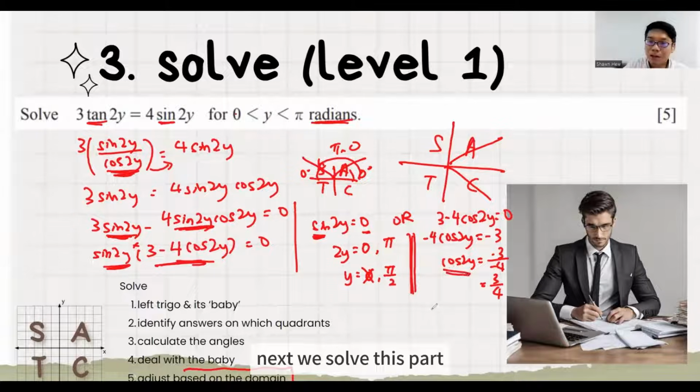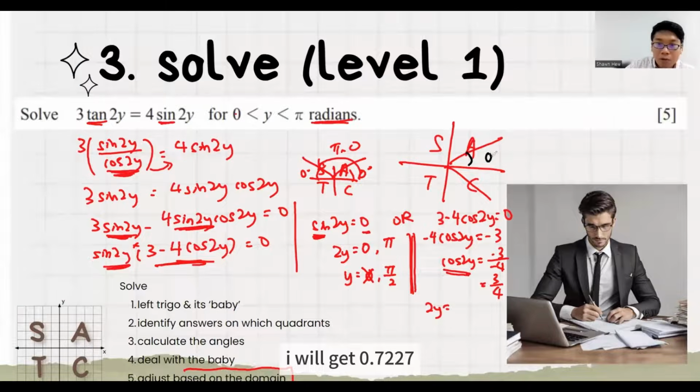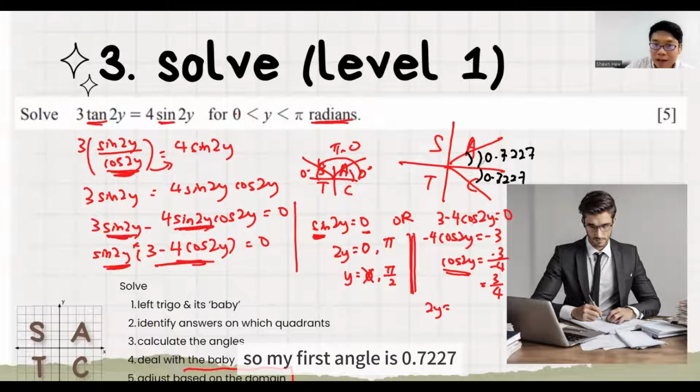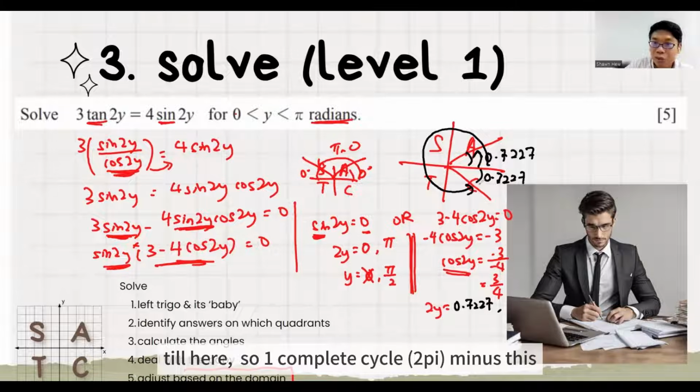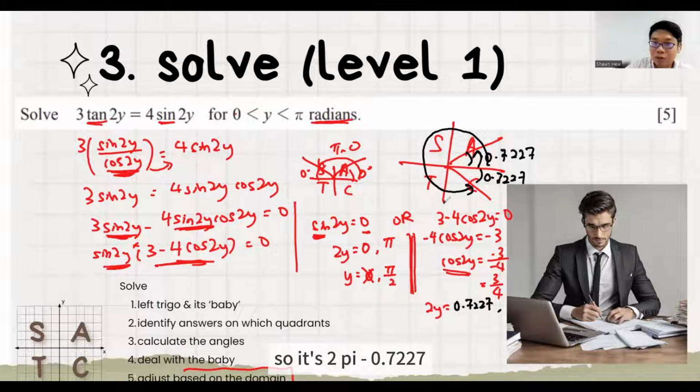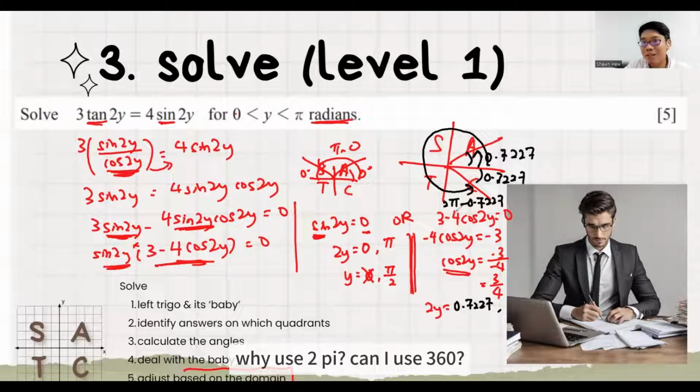Next, we solve this part. I'll get 0.7227. So my first angle is 0.7227. My second answer is until here, so one complete cycle minus this, so it's 2 pi minus 0.7227. Why use 2 pi? Can I use 360?